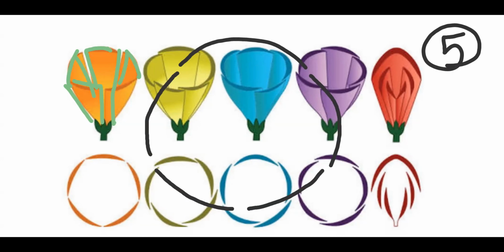When sepals are free from each other, we call it, yes, Jubal, correct, the polysepalous condition. So if the diagram remains like this, we call it polysepalous.